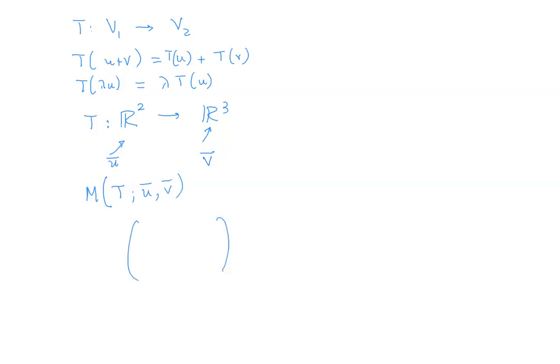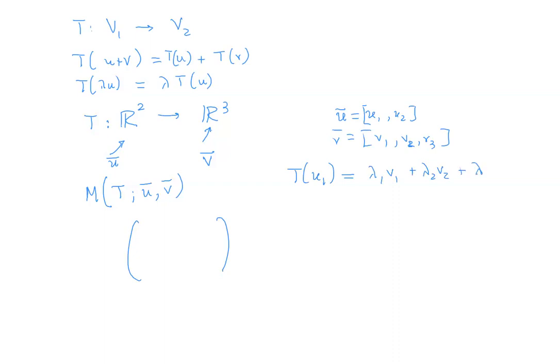That is formed how? Let's say that the basis U is U1, U2, two vectors. And the basis V consists of three vectors because we are in R3. So what you do is you take T of U1 and you express it in terms of V1, V2, V3. So you have to find numbers, lambda 1, lambda 2, and lambda 3.